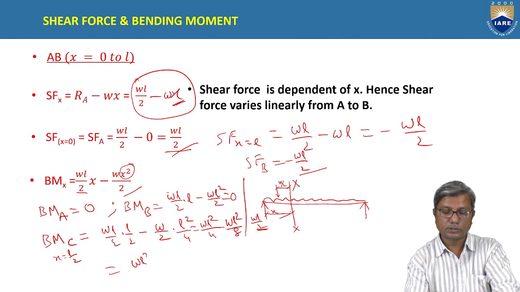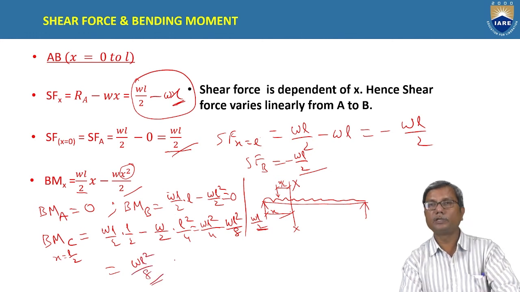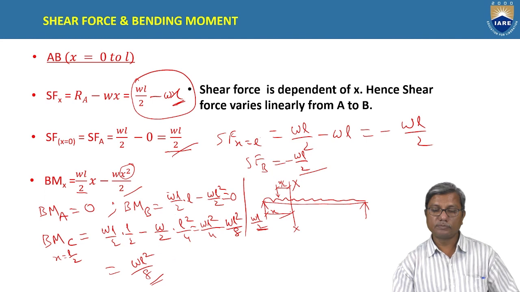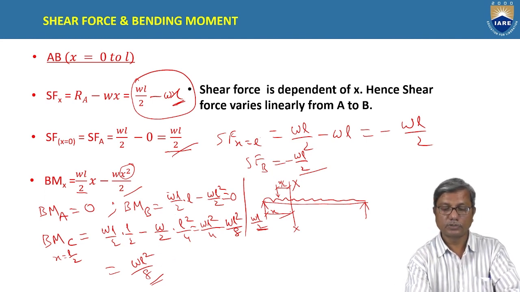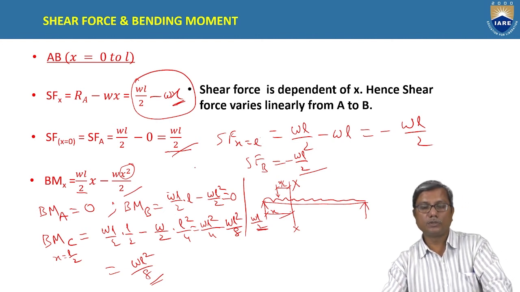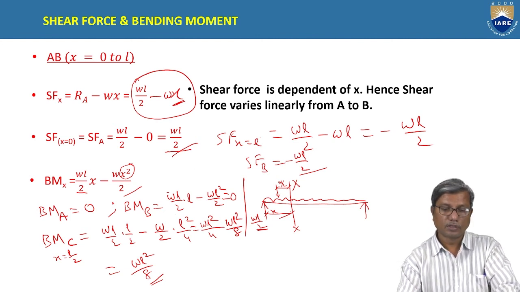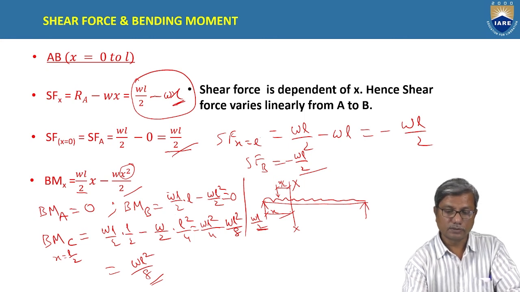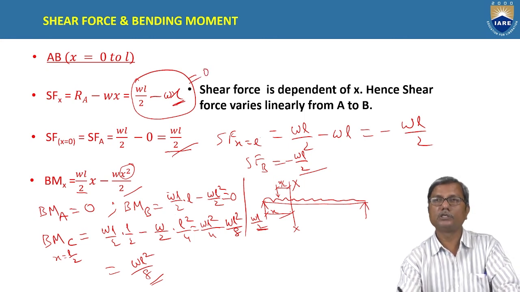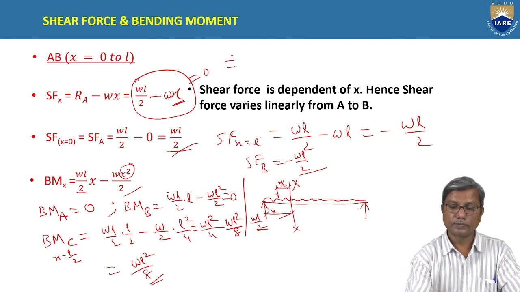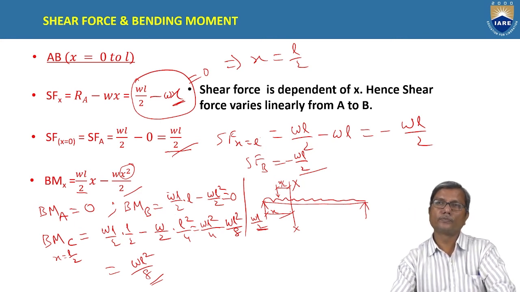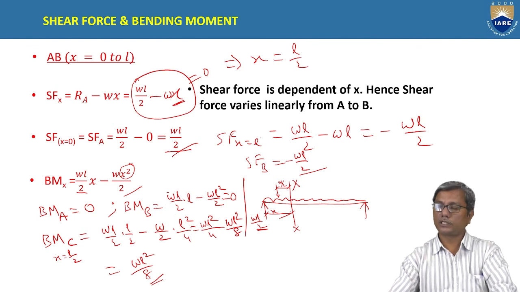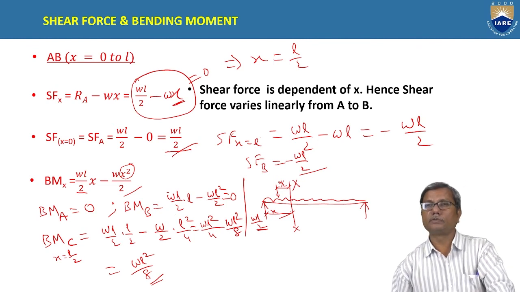So it comes out WL square by 8. This is the bending moment at mid span, which is maximum. It is maximum because the shear force at x equal to L by 2 is 0, changing sign. Okay, that you can get by equating the shear force to 0, you will get x equal to L by 2. At x equal to L by 2, the shear force is 0, and hence the bending moment at x equal to L by 2 will be maximum.